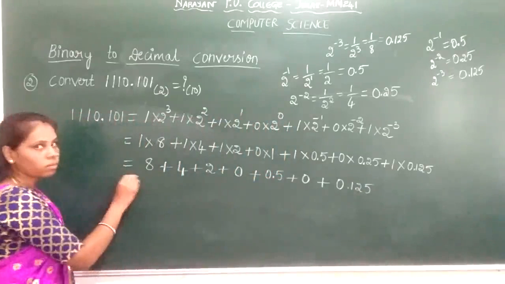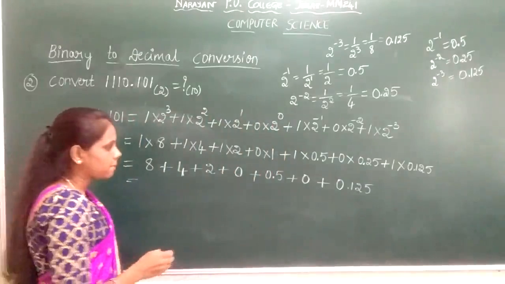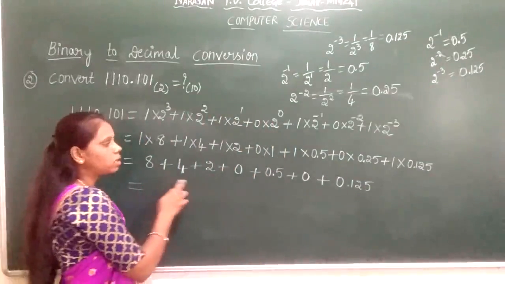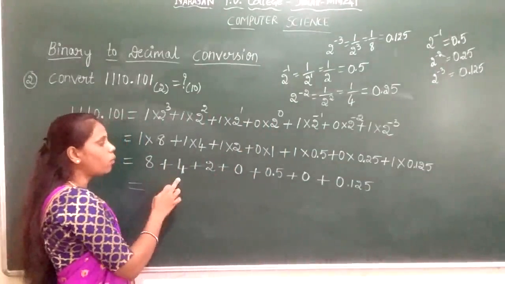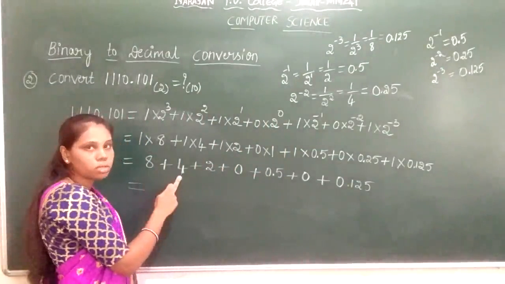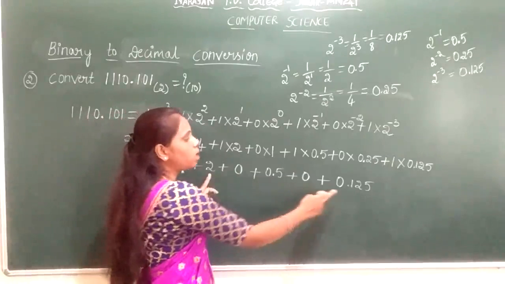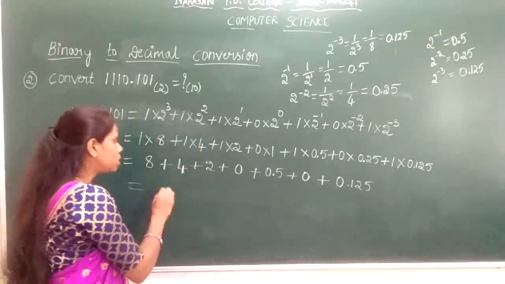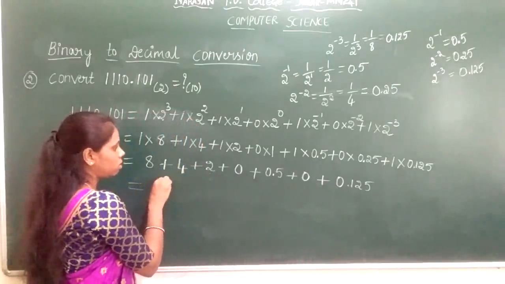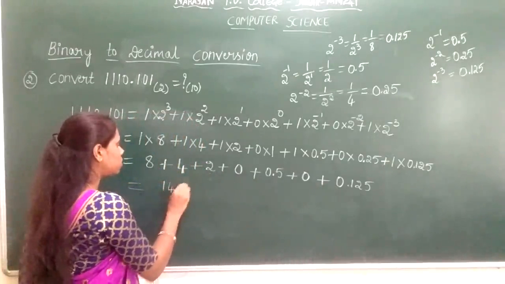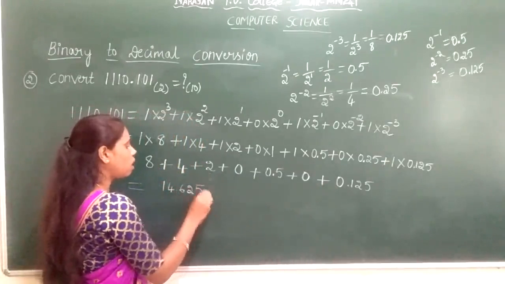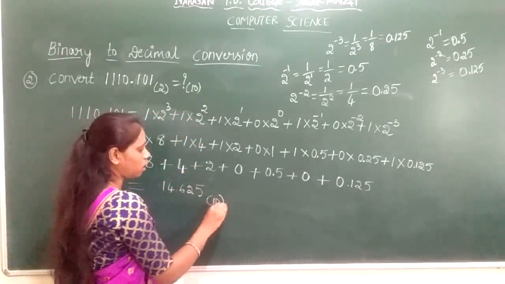Now add all these terms, that is 8 plus 4 plus 2, that will be 8 plus 4 is 12, 12 plus 2 is 14, 14 plus 0.5 and 0.125, you get 14.625, the base is 10.